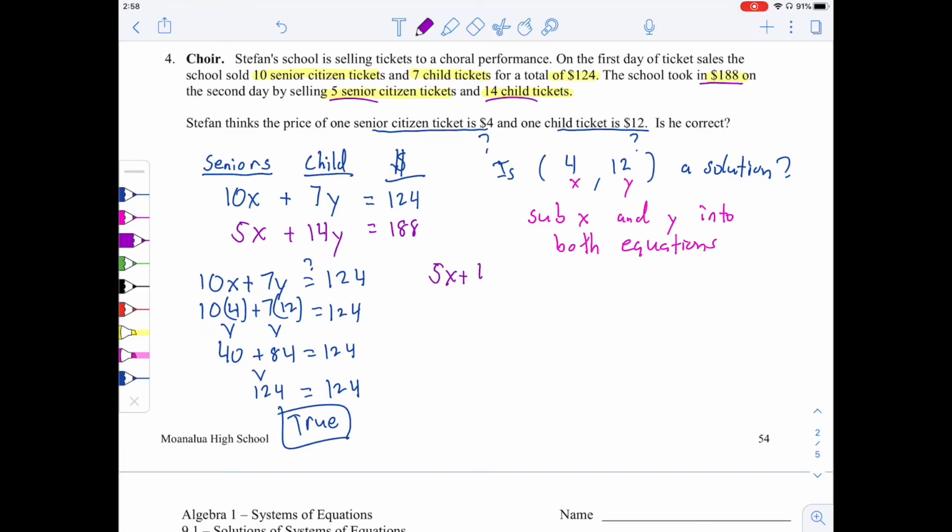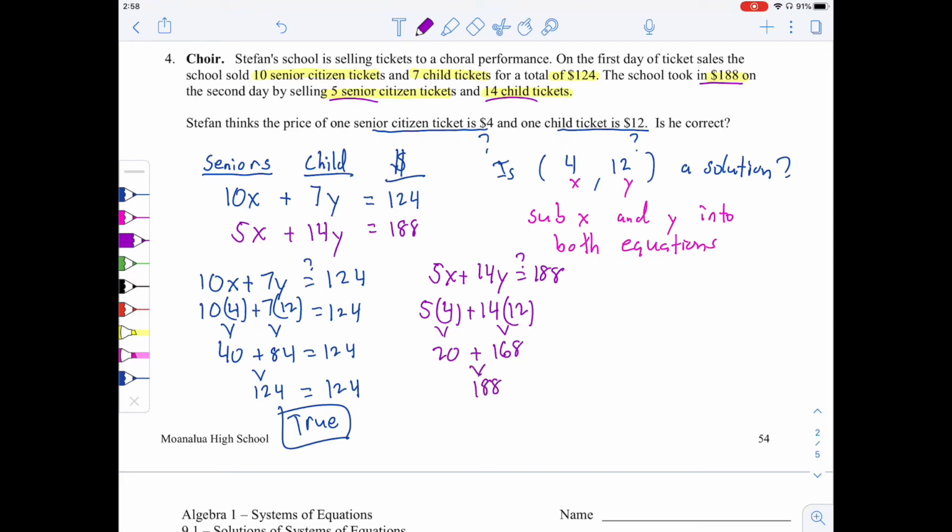Okay, now the second one has to be true. So 5x plus 14y equals 188. Is that true? Again, our x is 4 and our y is 12. So 5 times 4 is 20. 14 times 12 is 168.